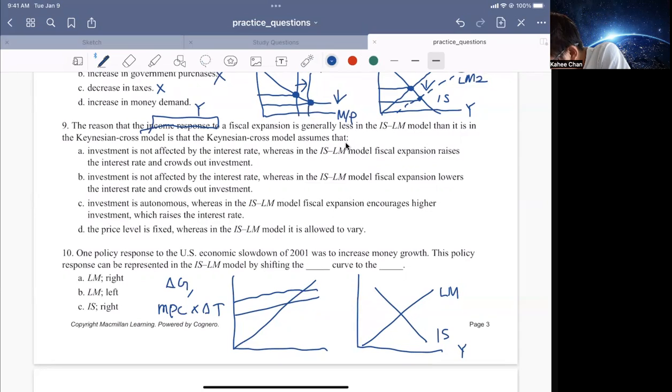If we are increasing this, it is shifting the IS curve to the right. If there's no LM curve, when the IS curve is shifting to the right, the Y must be increased to this point. But now because of LM, the interest rate R is going to go upward.